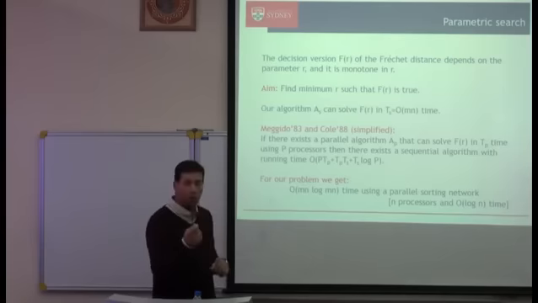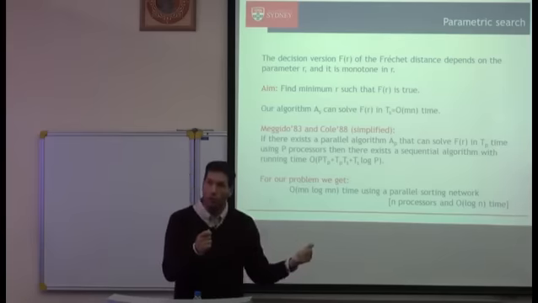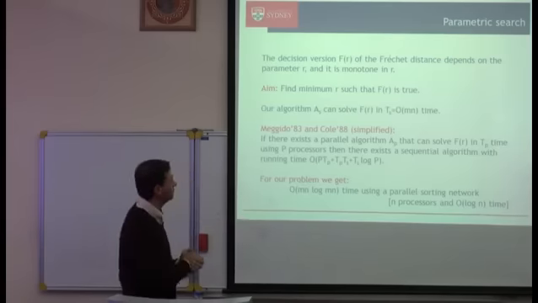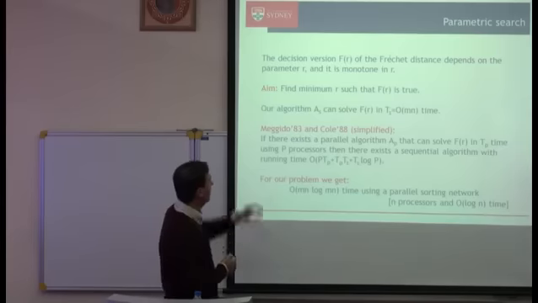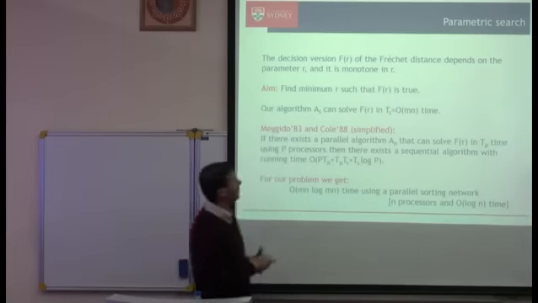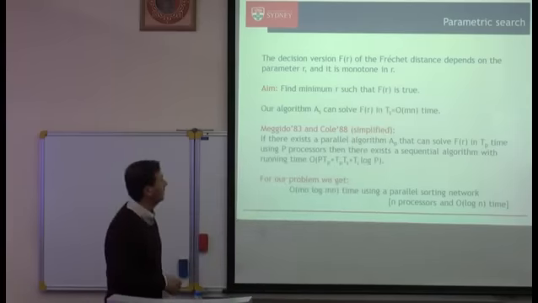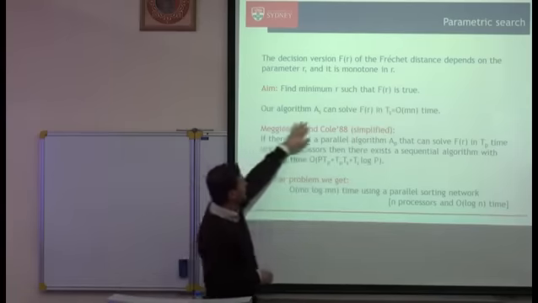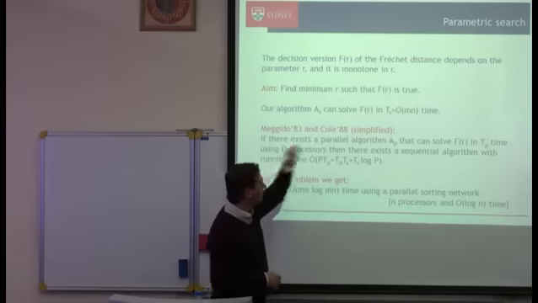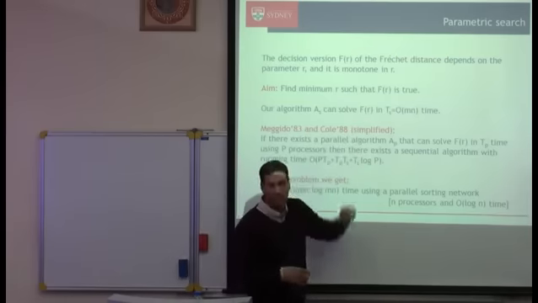And if I know it's no, then I know it will be no for all the values of R that are smaller than that. Okay, and what we want to find is the minimum Fréchet distance such that the decision version will return true. Okay. So our algorithm is sequential, and it can solve this decision problem in mn time.